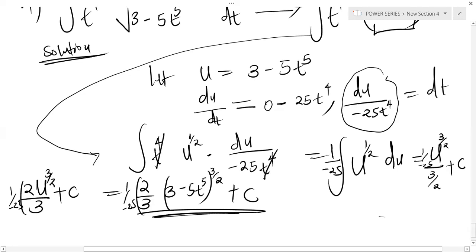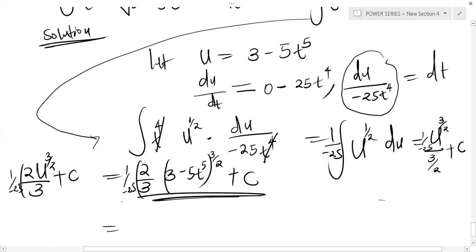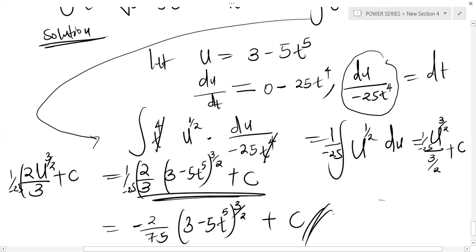So if we put that, our final answer becomes 2 over 75, there's a minus here, then 3 minus 5 t raised to power 5, all to the power 3 over 2 plus c. That's our final answer. Let me know if you have a question.